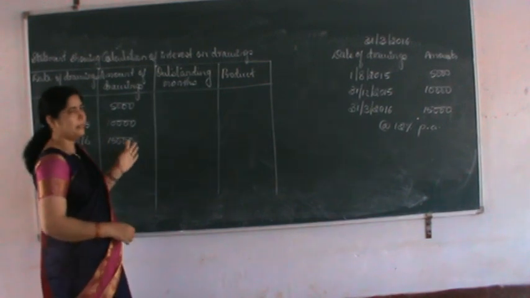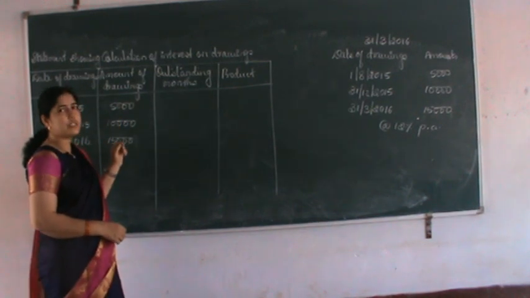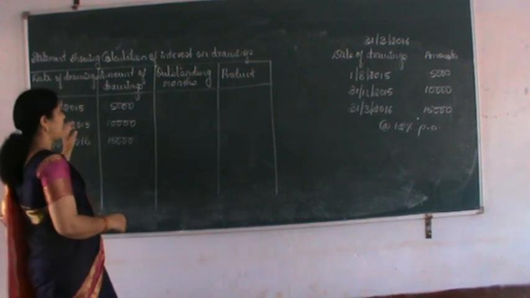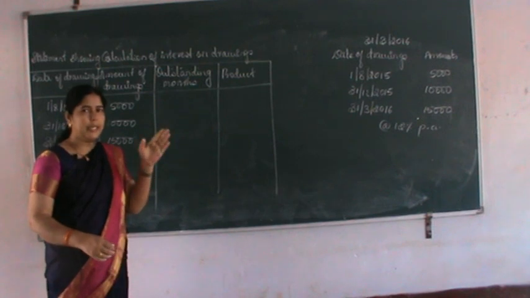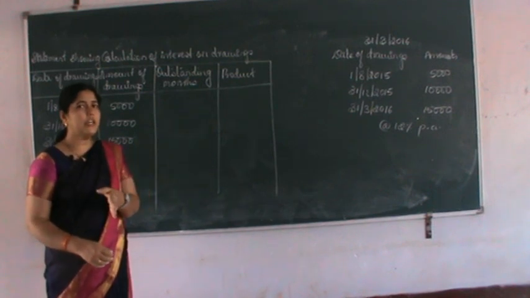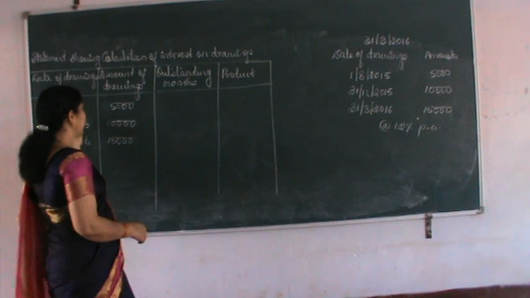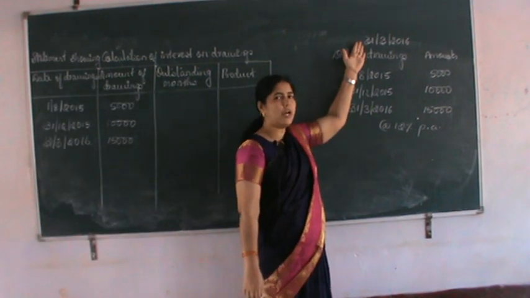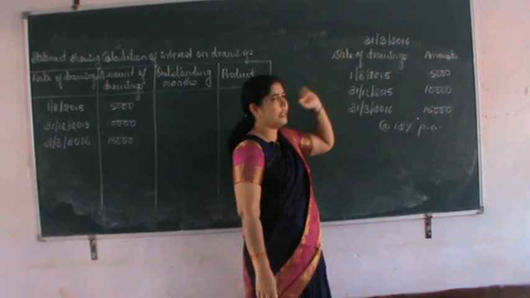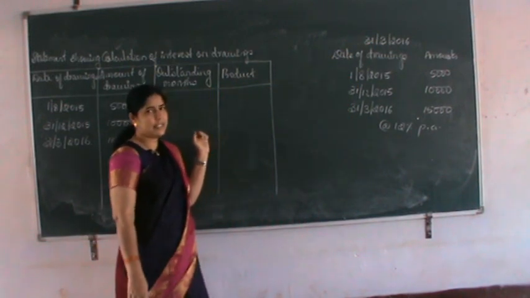Now, the next step is to count the outstanding months. Outstanding months, as I have told you, is the time gap between the date of drawing and the end of the accounting year. The date of drawing is here, and we have been given the date of the accounting year end, that is 31st March 2016.